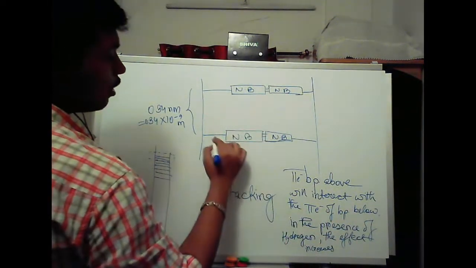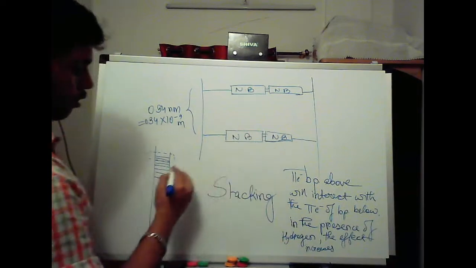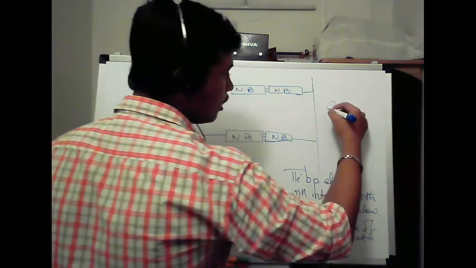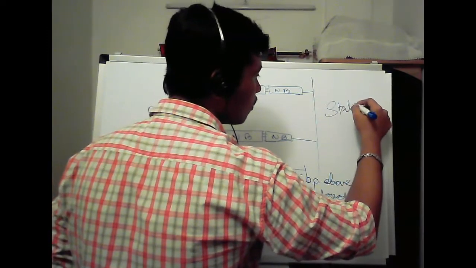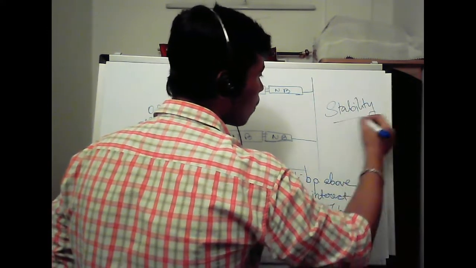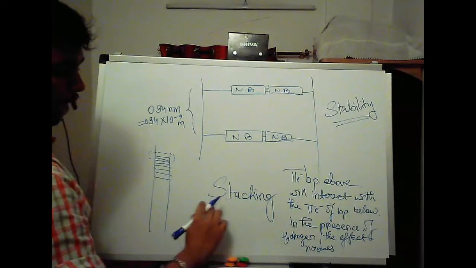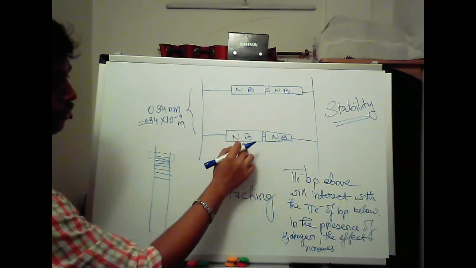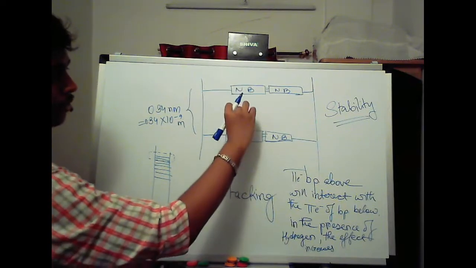This effect will give the lower base pair more stability. Stacking will increase the stability. Why? Because this will interfere with its pi electrons. The pi electrons will interfere somewhere over here.